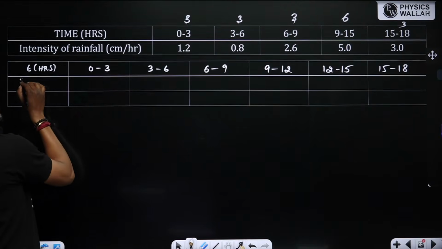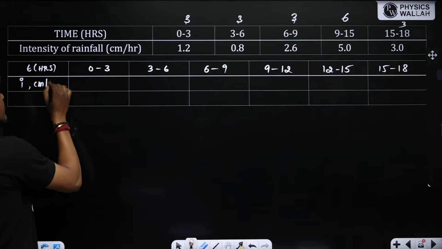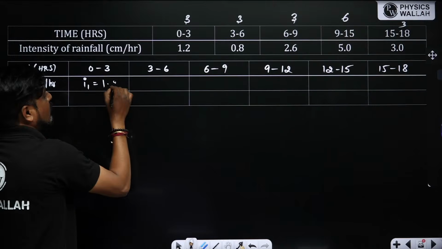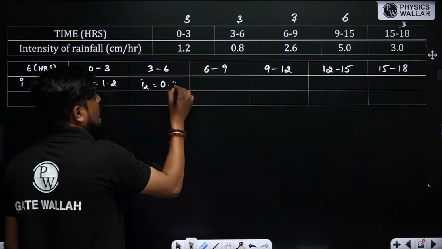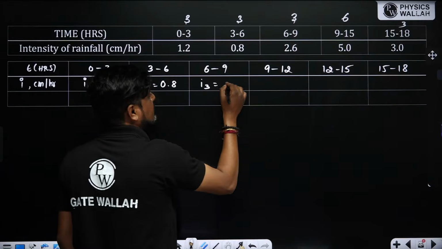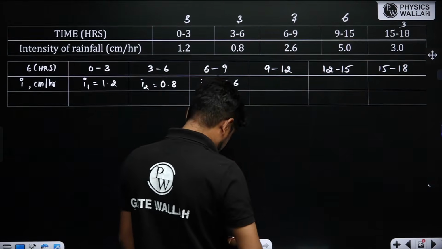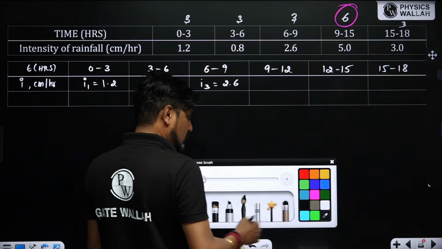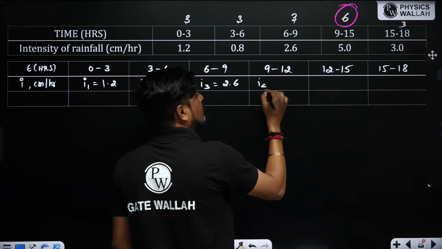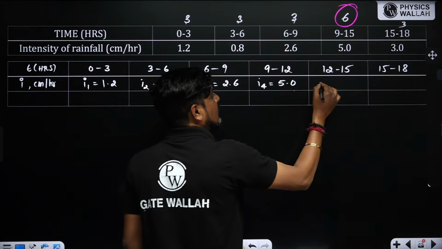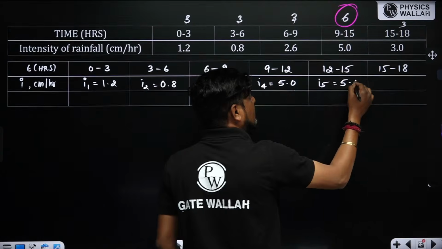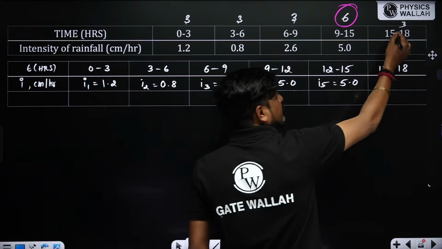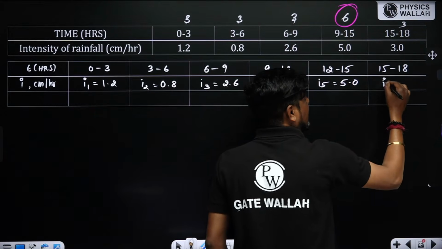Now, intensities are given in terms of centimeter per hour. Values I1 is 1.2, I2 is 0.8, I3 is 2.6. Now here it is 6 hours, 9 to 15, intensity is 5. So I4 is equal to 5, I5 is also equal to 5 because 9 to 15 intensity is 5. Last one, 15 to 18, intensity I6 is 3.